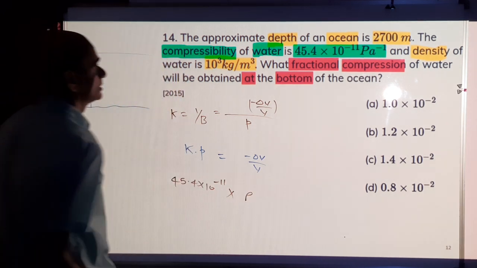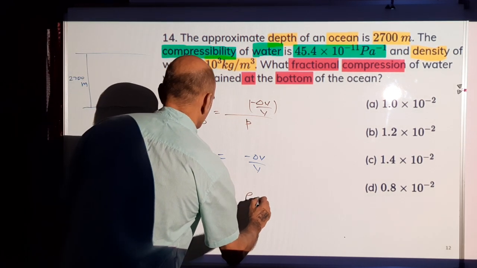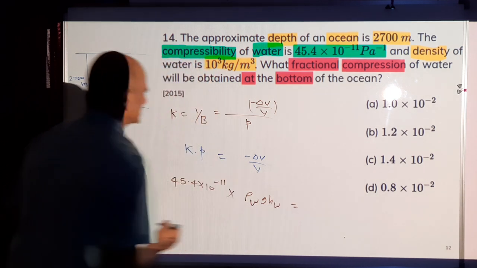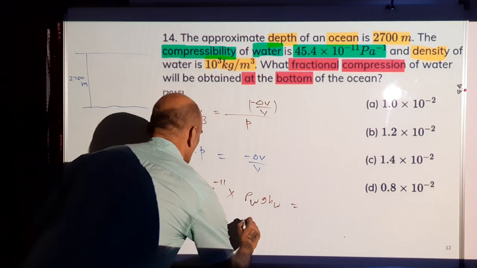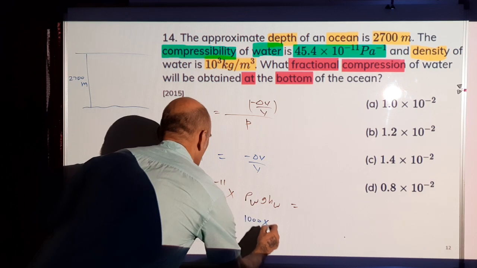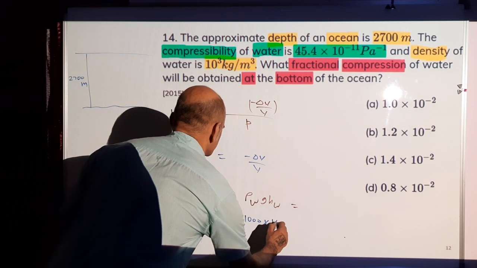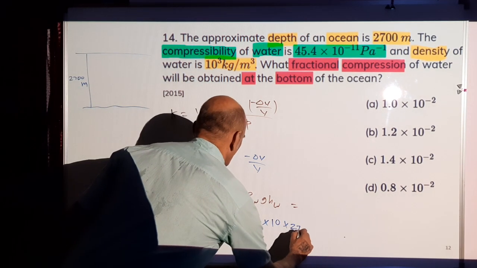So rho of water is 1000 SI units, and g value, let me take it as 10, and height of water is 2700 meters.